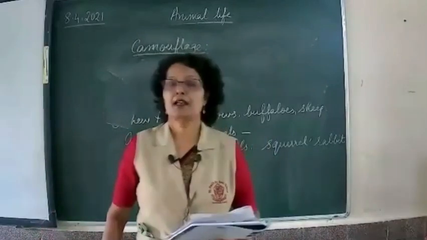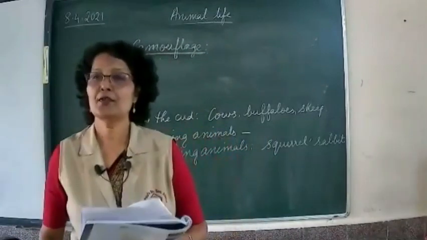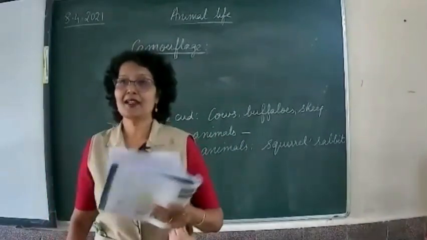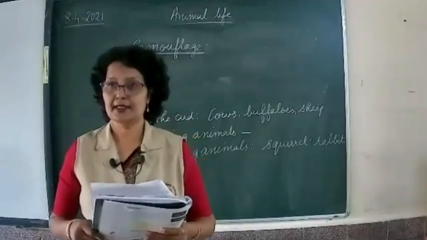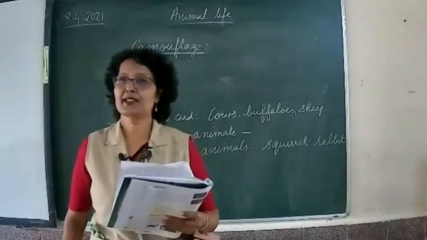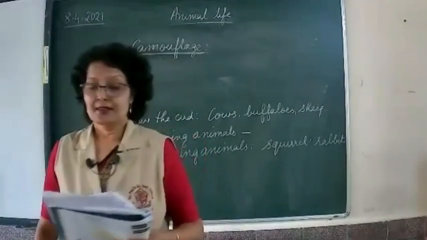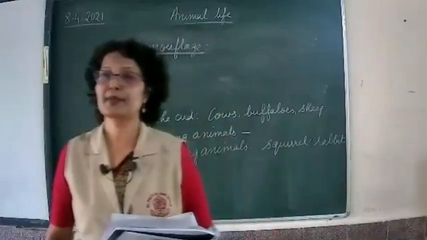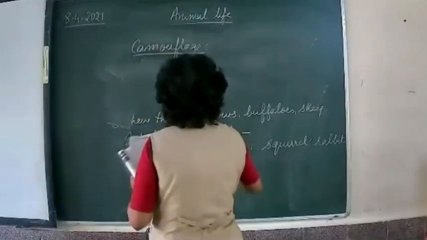In this, the animals change the color of their skin and blend with their surroundings. A very common example is the chameleon. It helps the animal to hide from its predators and prey. Is that clear?